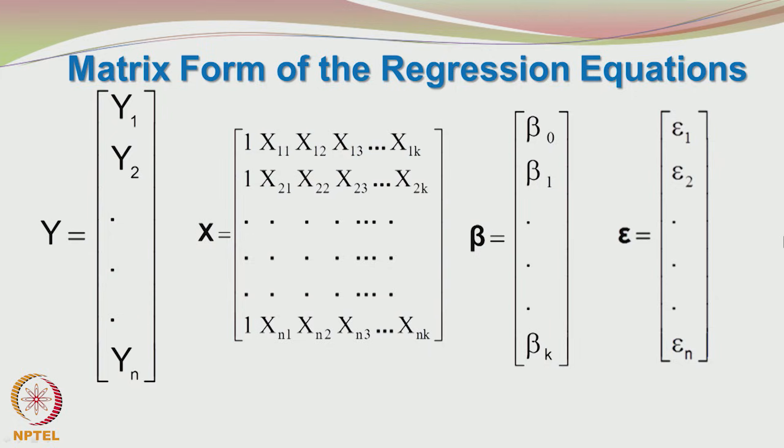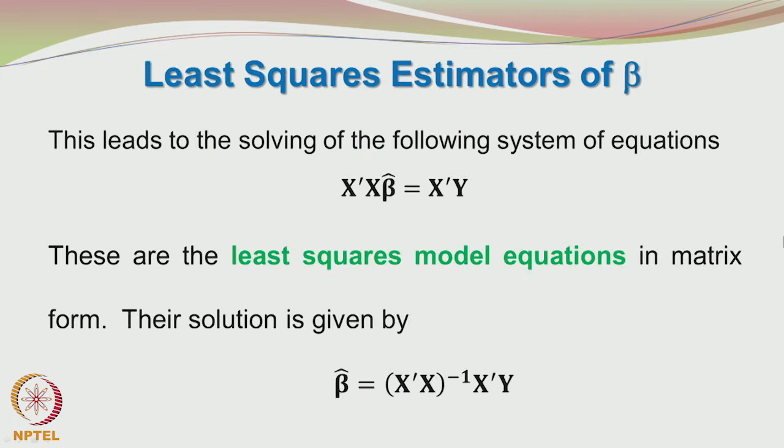So, you multiply x prime and x first, and then this is pre-multiplying the column vector of the unknown parameters which require to be estimated. Then on the right hand side we have x prime y, where x prime is again the transpose of the x matrix and y is the matrix of responses. So, when you do that, you are estimating beta hat to be x prime x inverse x prime y.